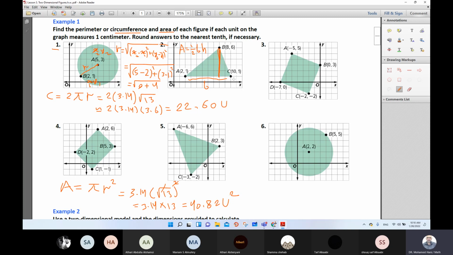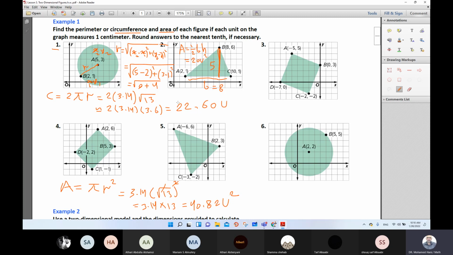You can count the units for the base: 1, 2, 3, 4, 5, 6, 7, 8. And the height you can count also here: 1, 2, 3, 4, 5. Then you can use the rule: A equals 1/2 times 8 times 5, which will be 20 unit squared.